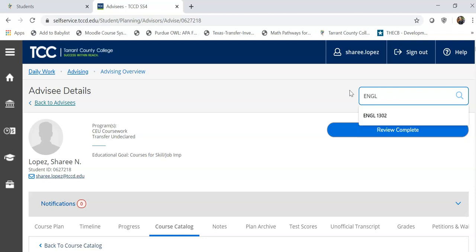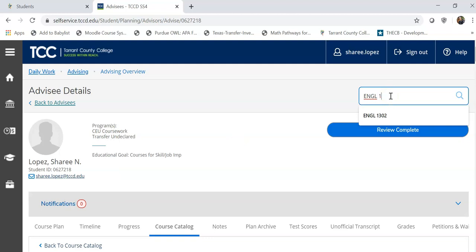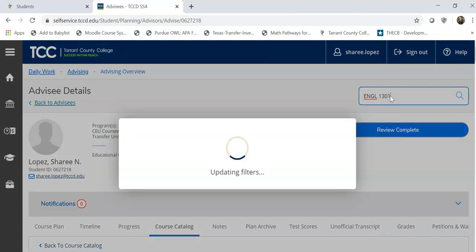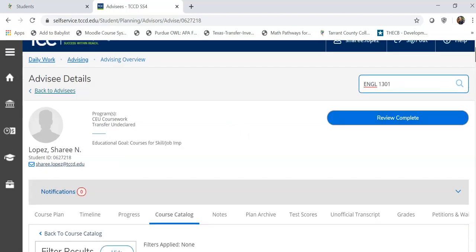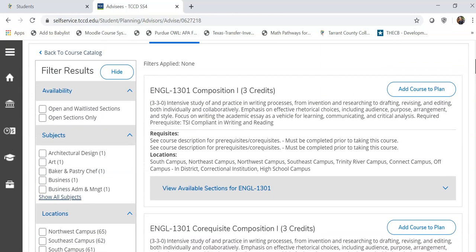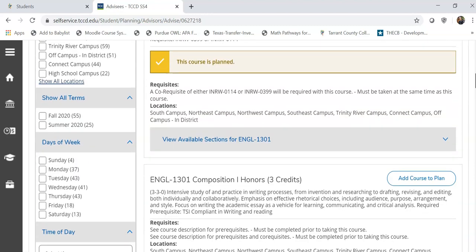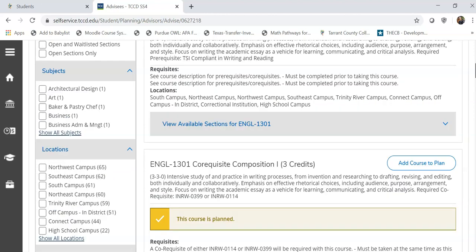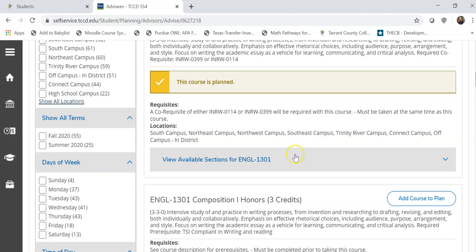So now we have to look for English. I should have put English 1301. So I'll put in English 1301. Make sure I select the right one.